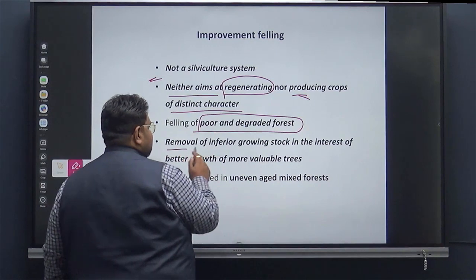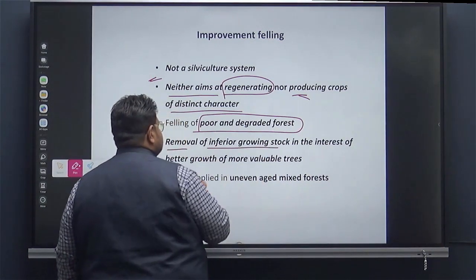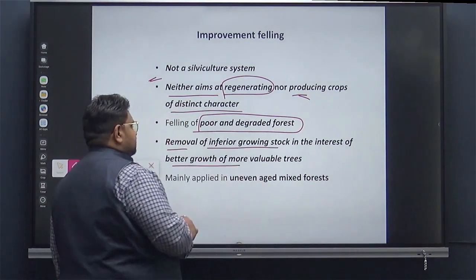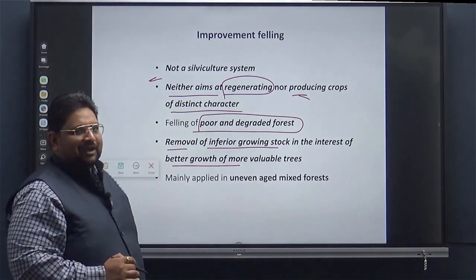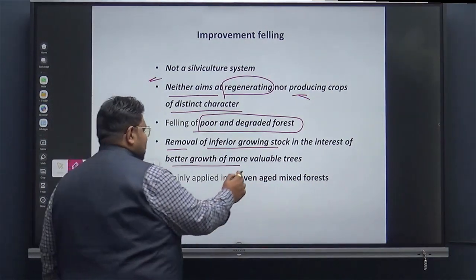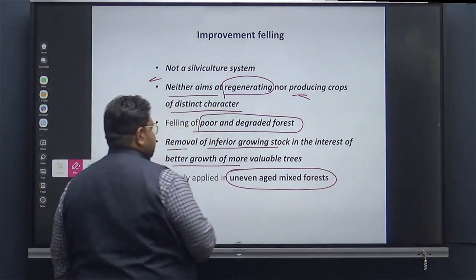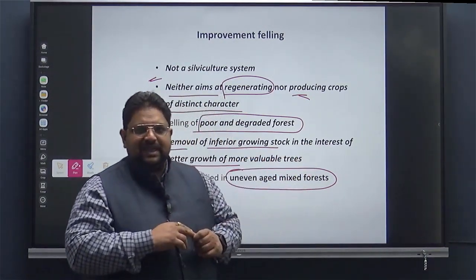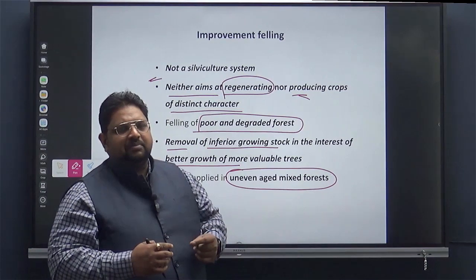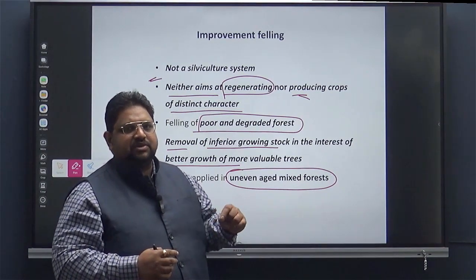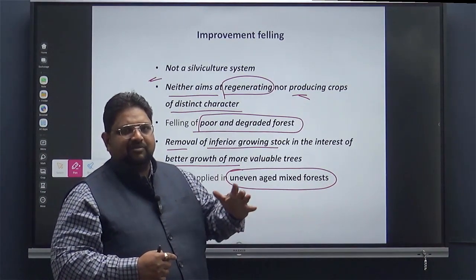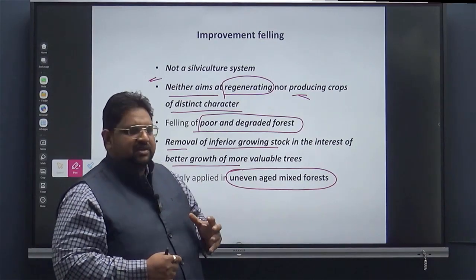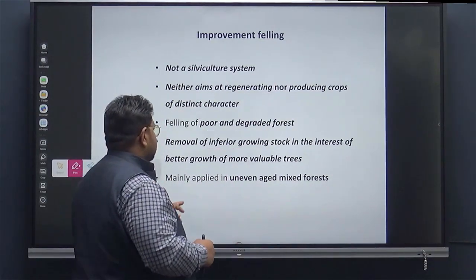So we will remove the inferior growing stock in the interest of better growth of more valuable trees. This is mainly applied in uneven-aged mixed forest. In even-aged forest, all of them will be of the same age, so you cannot differentiate. But in uneven-aged forest, there are some trees which will be of poor growth or which would have been left behind in the social competition. So those trees would be removed.